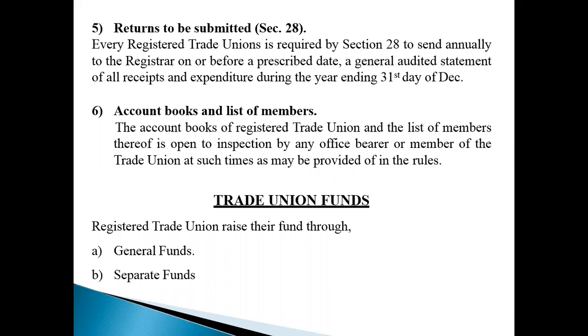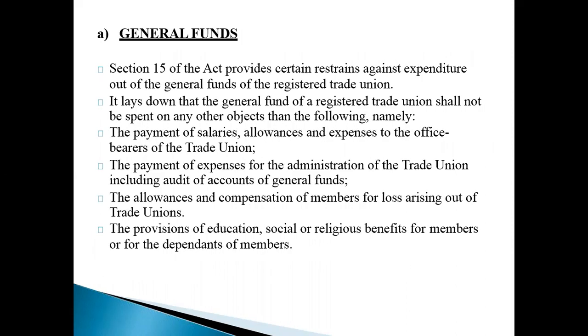And now what are the different types of trade union funds? Registered trade unions raise their funds through general funds and separate funds. So now we're going to discuss what exactly the general fund is. Section 15 of the act provides certain restraints against expenditure out of the general funds of the registered trade union. It lays down that the general fund of a registered trade union shall not be spent on any objects other than the following, namely.